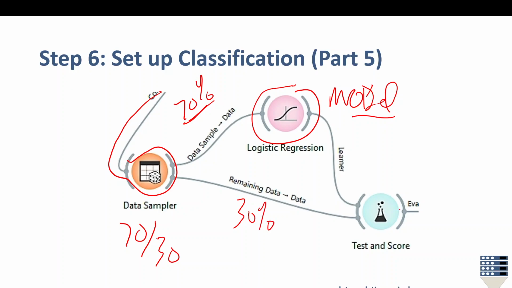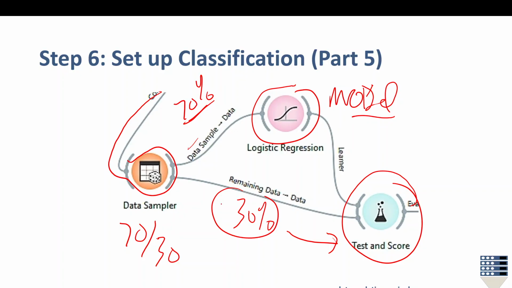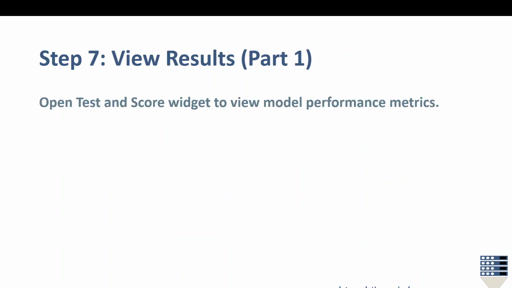Now, what's going to happen is we're going to evaluate the model with this. So this part does not go through the logistic regression because it's not part of what's making the model. The training data makes the model, which gets sent to Test and Score, but the testing data also gets sent to Test and Score. So this model is going to test this data, and then we get our evaluation results from that.